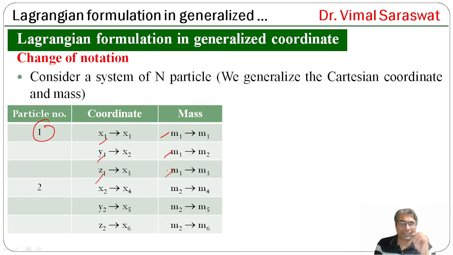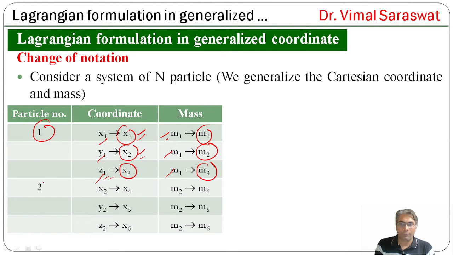In generalized coordinates, we write x1 as x1, y1 as x2 and z1 as x3, and the mass corresponding to them are m1, m2 and m3.